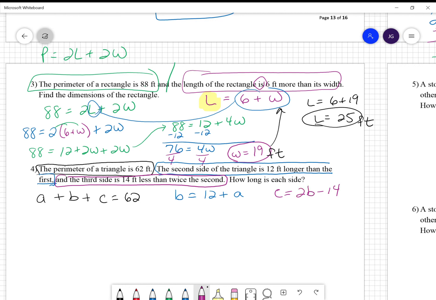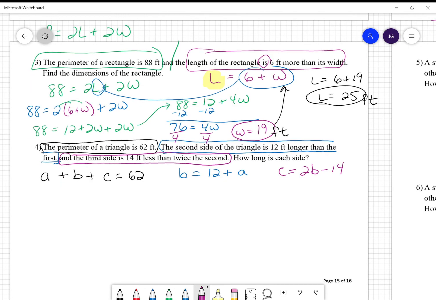Well, now I have 3 equations in 3 variables. This is done pretty much the same way, just a little more work. B is 12 plus A, and C is 2B minus 14. Let's see, which way should I do this?